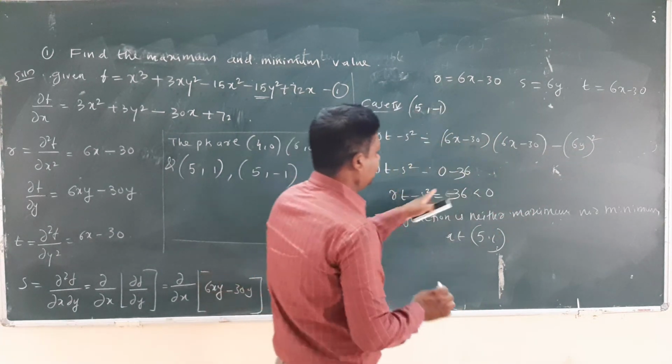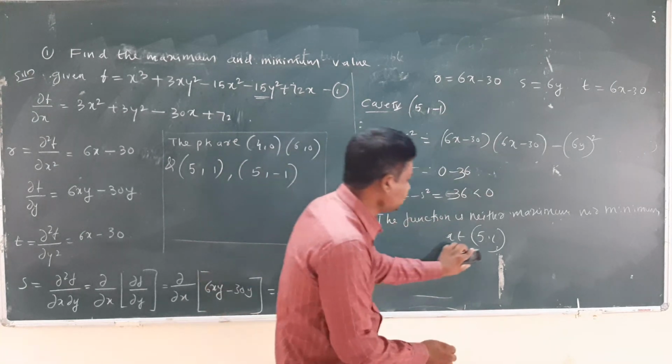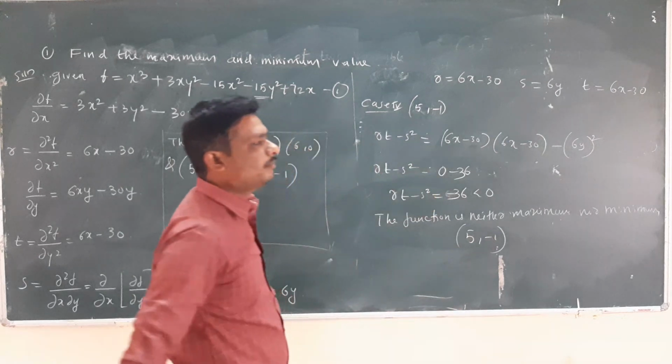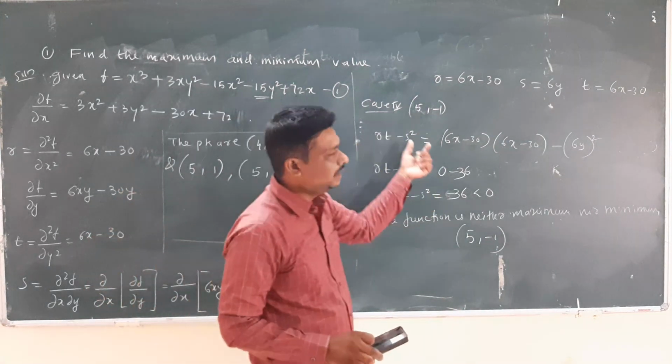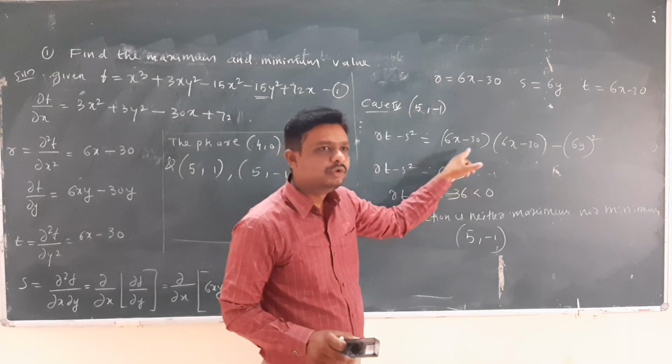Again here also we are going to get minus 36, which is less than 0. Therefore the function is neither maximum nor minimum at the point (5, minus 1). So in case number 3 I have made a small mistake. This is minus 36 instead of 6.